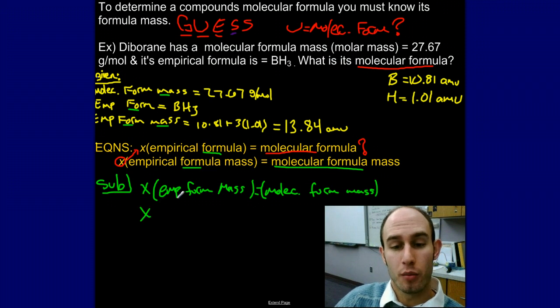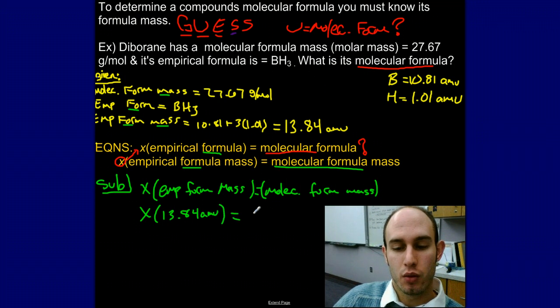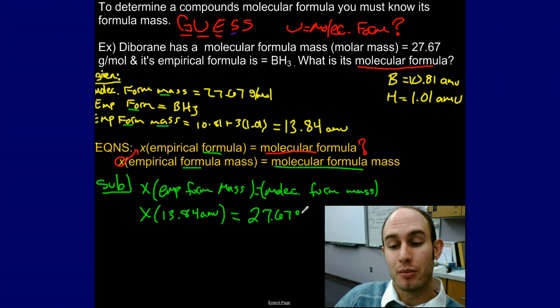My empirical formula mass I have right here as 13.84 AMUs. That is equivalent to my molecular formula mass, which is 27.67 grams per mole. Now, I'm given two different units. Remember that grams per mole is the same thing as the formula mass.